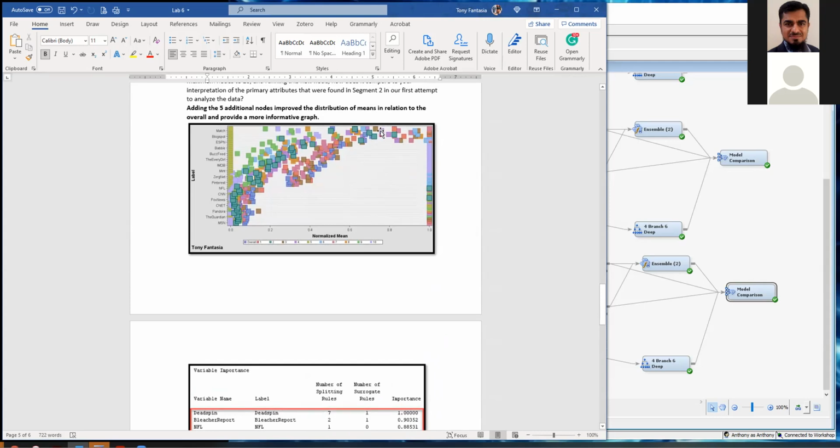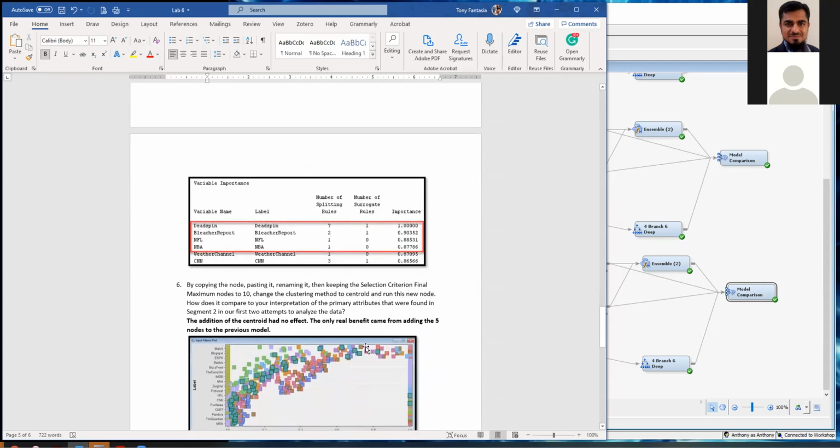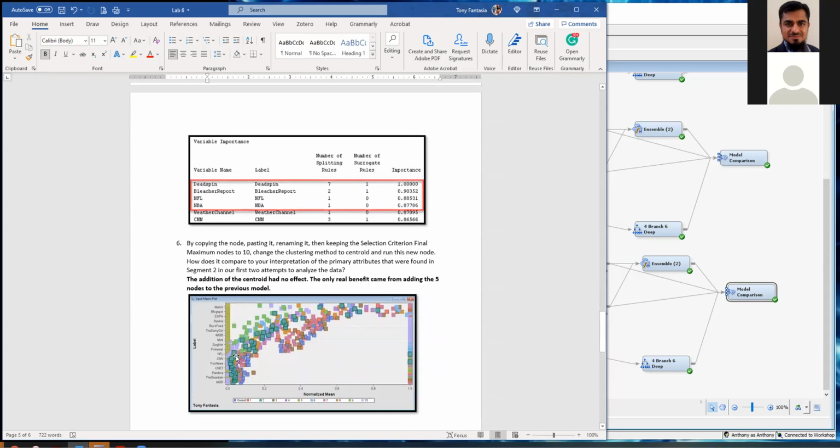This purple one here matches that purple one there on top of the pink one. So everywhere I looked, about 20 or 30 different observations, they're all generally exactly the same. If they're off, maybe by a degree, but not enough to make a significant difference. So that's what I said. The only real benefit came from adding the 5 nodes to the previous model. The centroid had no effect.